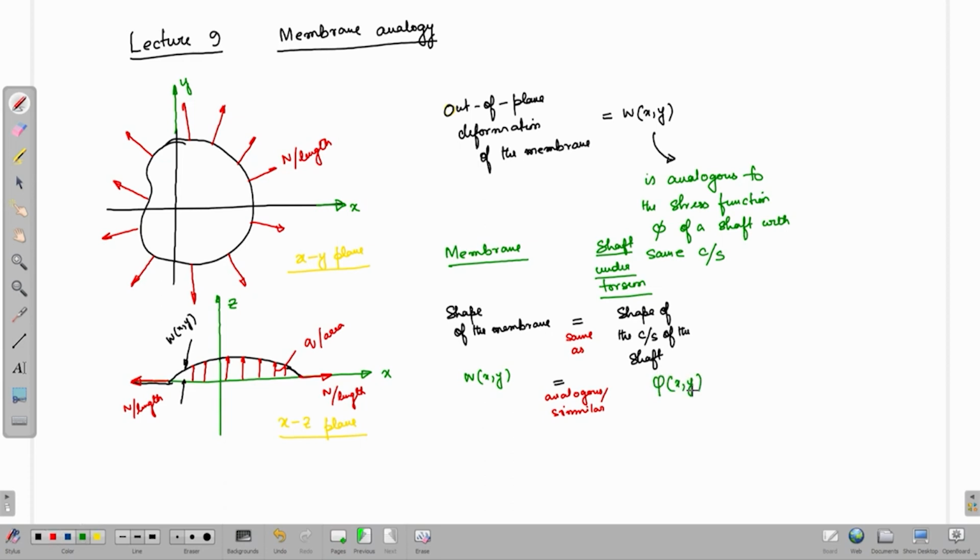Now, how is this useful? We can always visualize a membrane like this. We can visualize the out of plane deformation of the membrane. That is very easy to do. Once we can visualize that, then we can also visualize how will be the shape function of the cross section of the shaft.